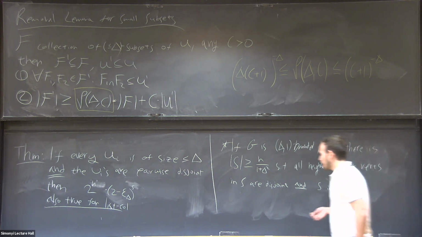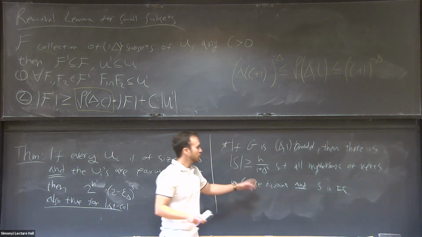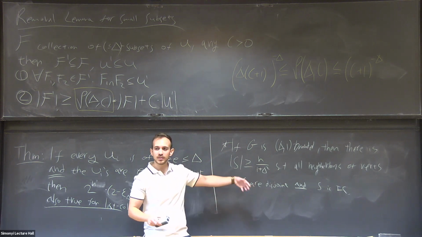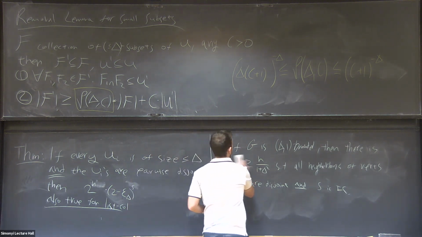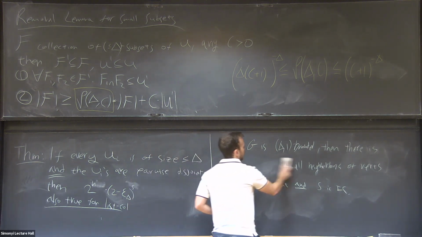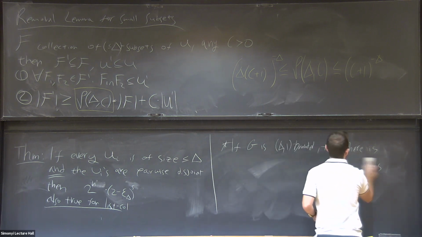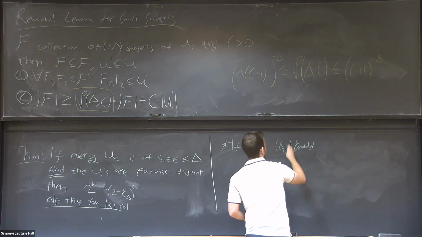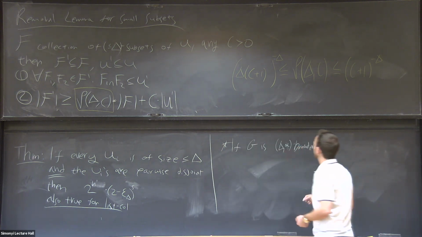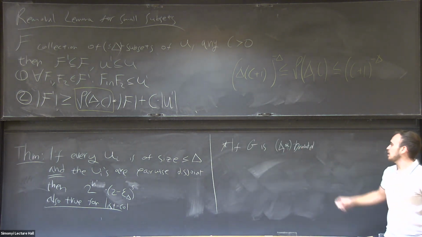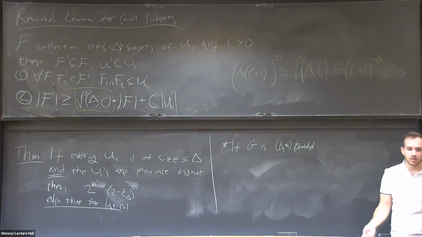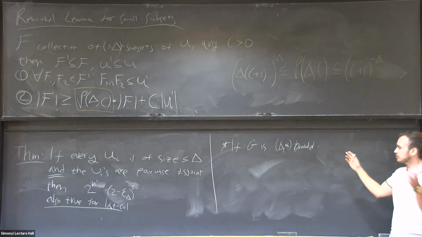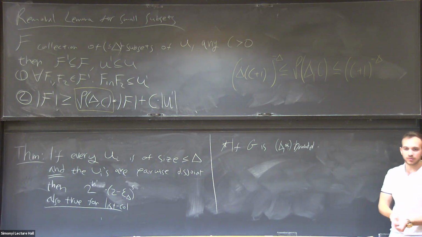Okay. So how do we show the same type of statement for graphs that are not fully of bounded degree, but only partially of bounded degree? So I want these delta alpha bounded graphs. What we are going to do is try to do the same thing we did before.